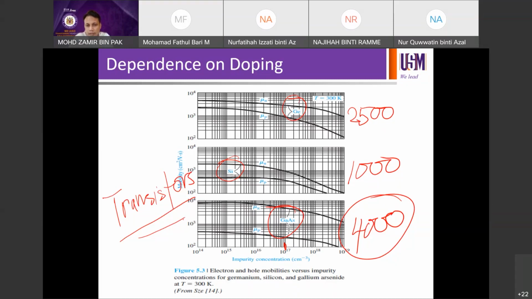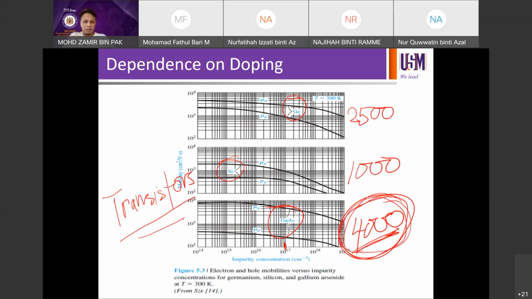Okay, so in this case, you should expect your transistors fabricated based on gallium arsenide to outperform the remaining two, silicon and germanium. So that's why you're going to see high-speed transistors usually made from gallium arsenide, due to the electron mobility in the semiconductor material.